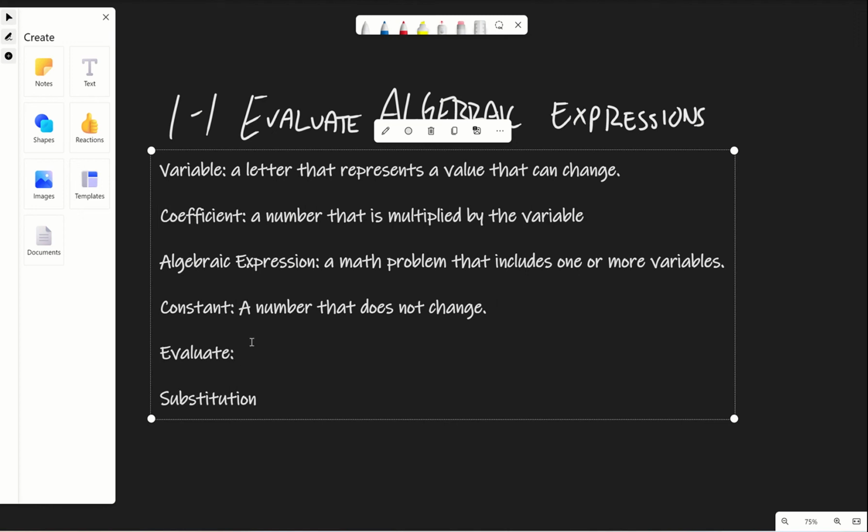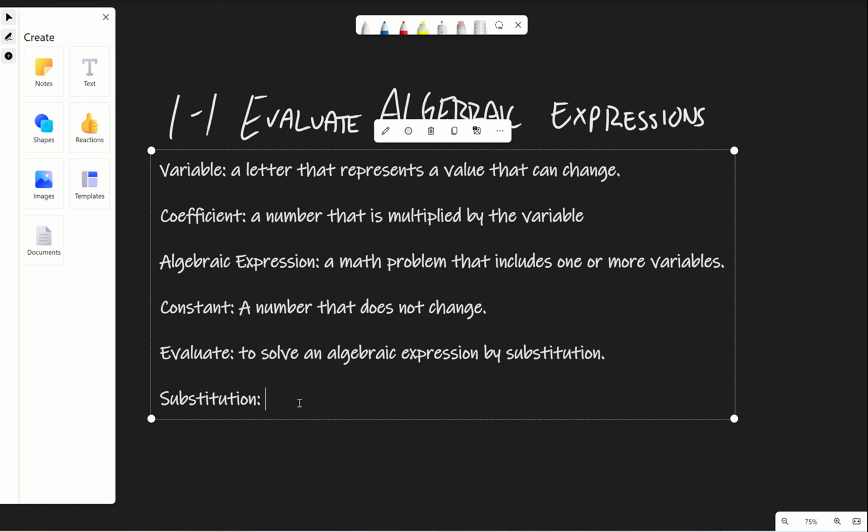Now, evaluate means to solve an algebraic expression. So to solve, to understand an algebraic expression, we evaluate, and we evaluate by substitution. So to evaluate means to solve an algebraic expression by substitution.